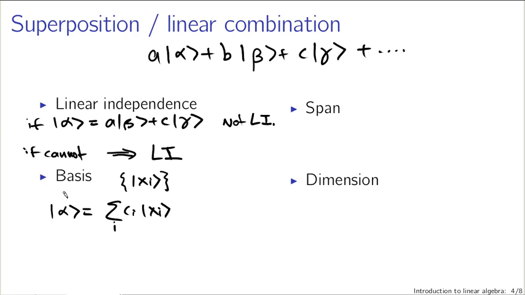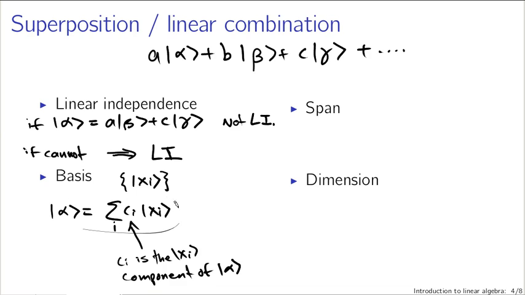In this case, I would say I have expressed alpha in the basis of states, or a basis of vectors given by xi. This ci here is, in some sense, the xi component of the vector alpha. So if I have a set like this that I can use to express other vectors, you can describe that set as being a basis.